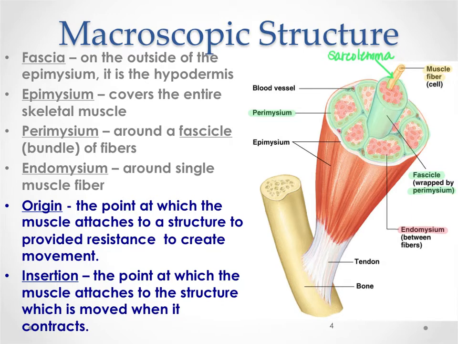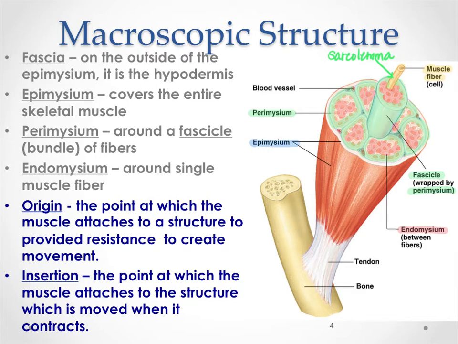So it's going to surround all of the muscle fibers. And then finally, when we group all of these fascicles together into one single muscle, we're talking about the muscle as an organ, it is surrounded in another layer called the epimysium.